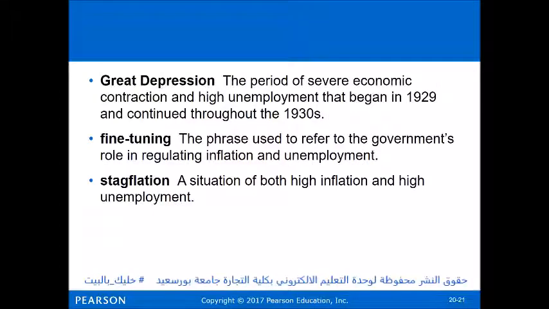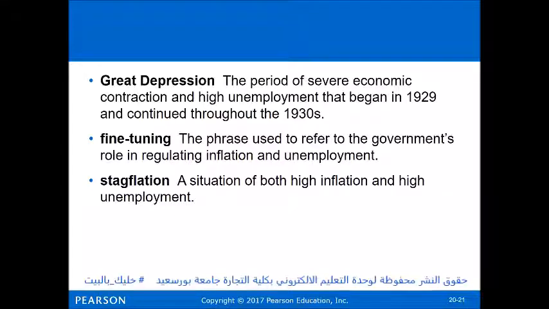What is the Great Depression? The Great Depression is the period of severe economic contraction and high unemployment that began in 1929 and continued through the 1930s in Western economies. What is fine-tuning?